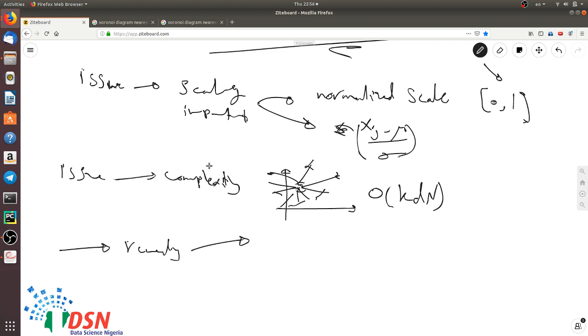For example, for the complexity, we could use a subset of dimensions instead of using all of the dimensions, so we could reduce the d in here. The second thing is that we could pre-sort training examples, so that when we have a data, we don't actually compute the distance with all of the training examples. We just use some of the data because we pre-sorted them.